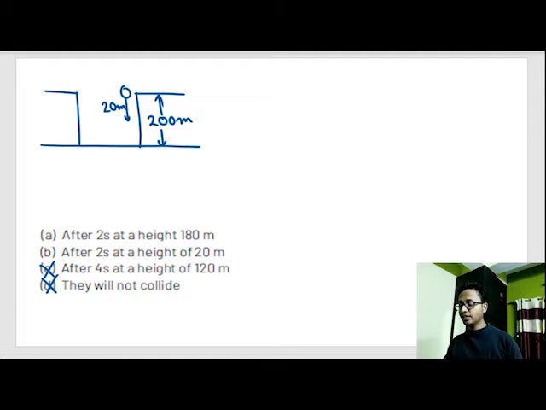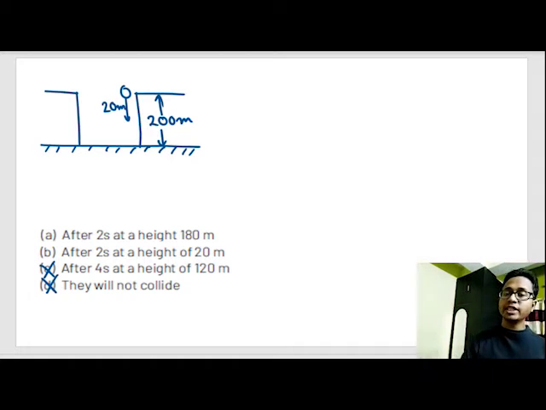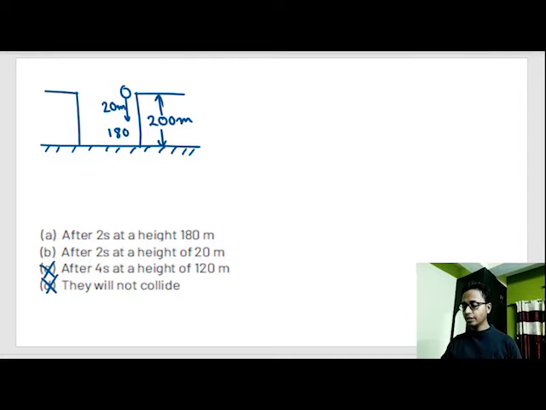Out here silly mistakes can occur. Height is always calculated from the ground. That means if this is 20 meters, the remaining height is 180 meters. That means our correct option is option A.